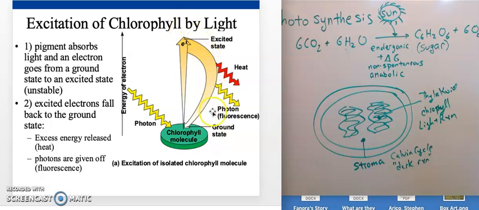And as they were falling down, they would release that energy in the form of heat and light. And the beaker would actually phosphoresce, would actually glow kind of a very faint red, and also release energy as heat. Okay? So it's this excited electron that's actually going to drive the first step of photosynthesis.